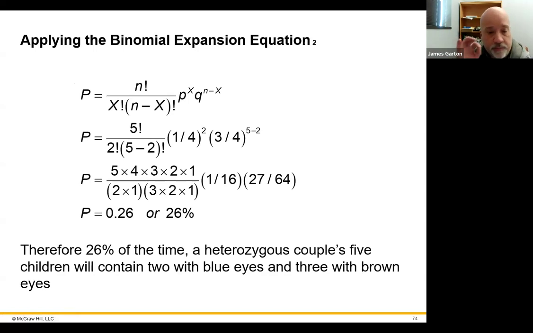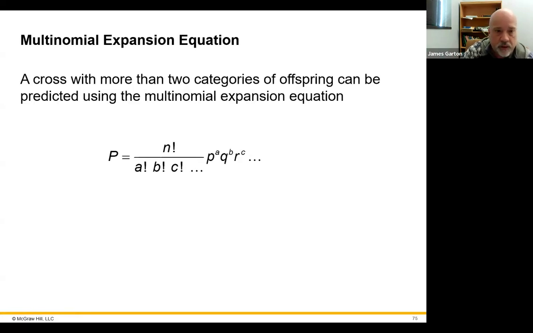And it comes out that the probability is 0.26, or about 26% of the time. And there's the multinomial equation, and just know that it exists.